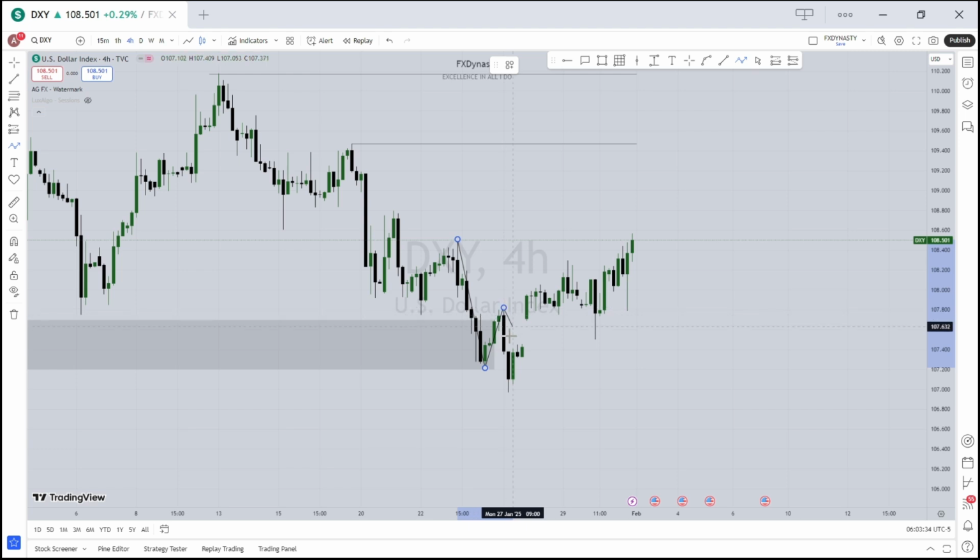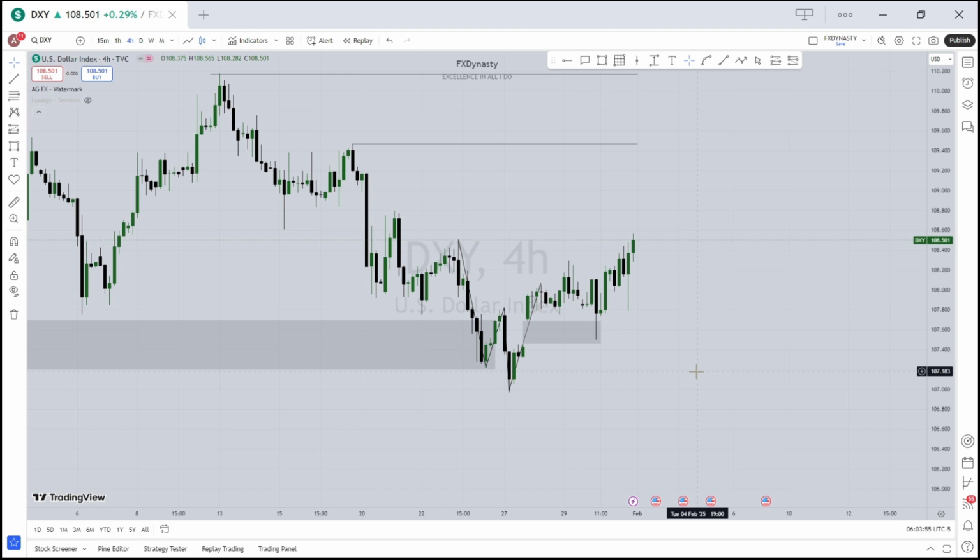We created this high and price took out this high here and saw that we had what? Market structure shift. Not just that we had a market structure shift, price created this gap. You can see, I told you that this gap was more visible on the 4-hour time frame. Price created this gap here. You can see.